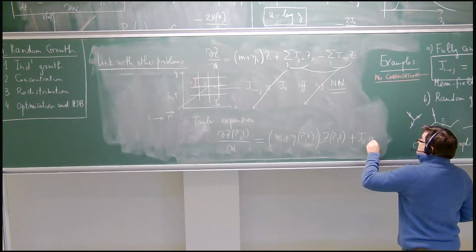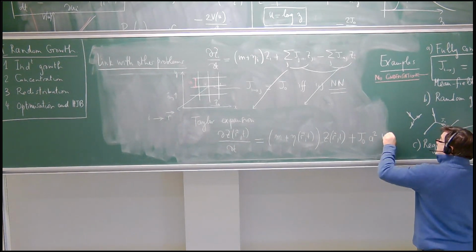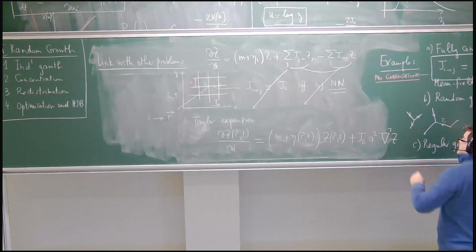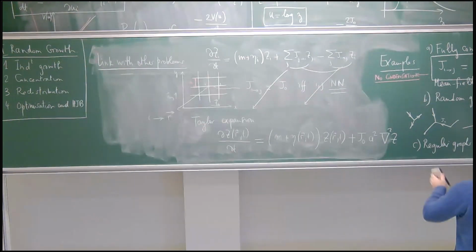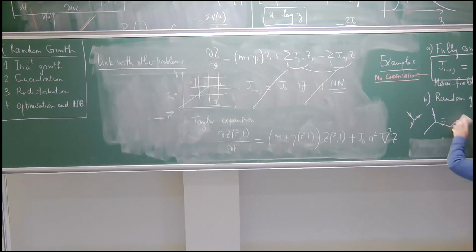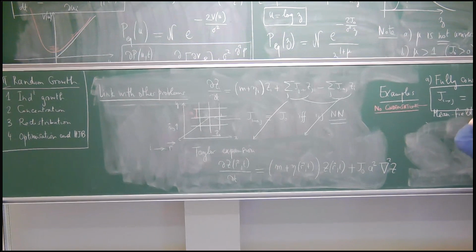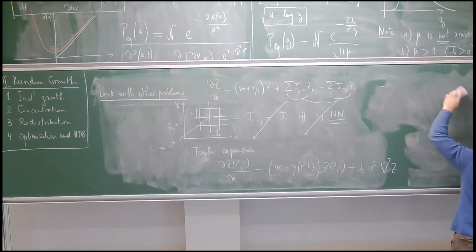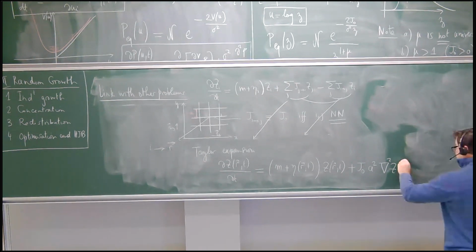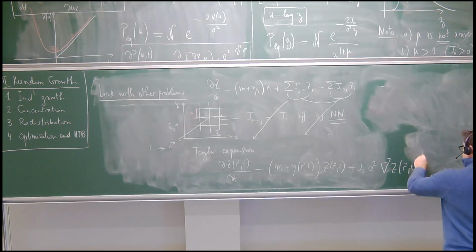And what I get is J0 A squared times the Laplacian of Z of R and T. Okay?